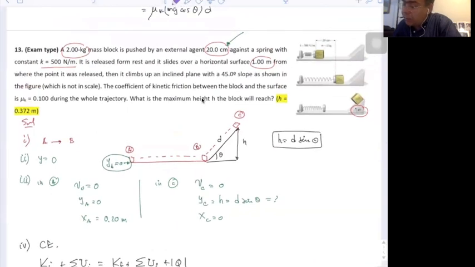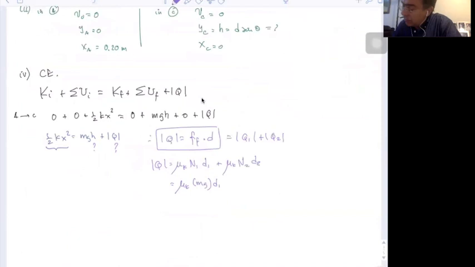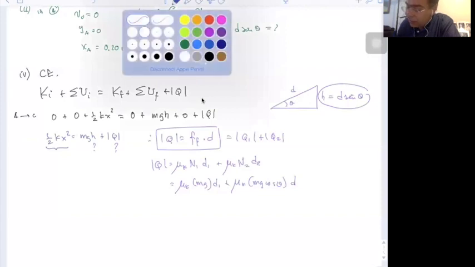We also told it moves 1 meter along the horizontal surface, plus mu k, the normal for the incline, which we already saw is mg cosine theta, and this theta is the inclination of the ramp, which is related to the height through this formula we just saw a minute ago, d sine theta. So putting all this together, we are about to finish.